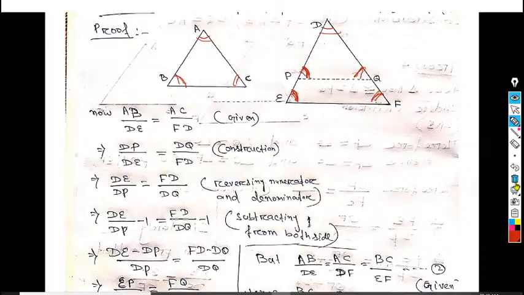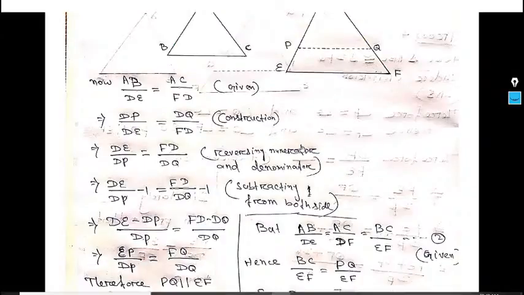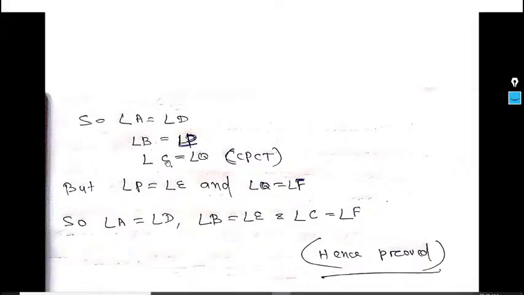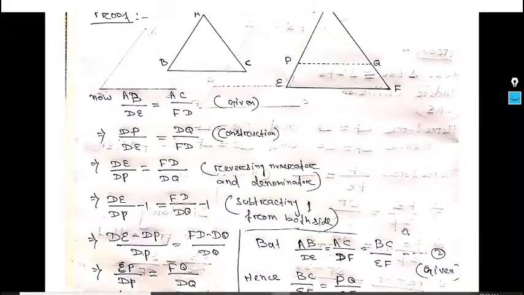So I think this was what we wanted to prove. So angle A equal to angle D, angle B equal to angle E, angle C equal to angle F. Hence proved.